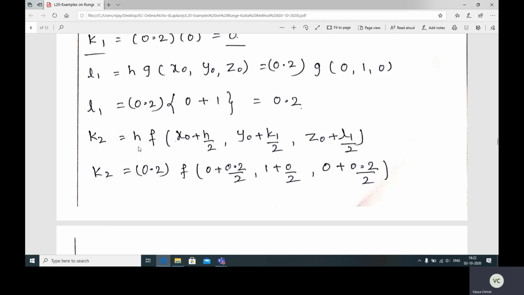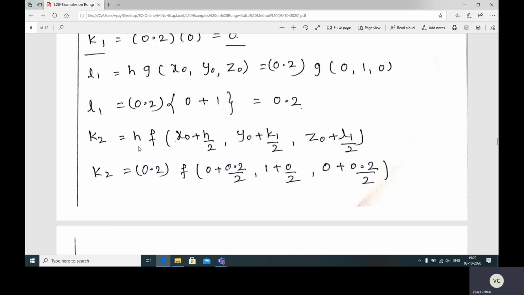Now calculate K2. K2 is equal to h into f of x0 plus h by 2, y0 plus k1 by 2, z0 plus L1 by 2. So h is 0.2, x0 is 0, y0 is 1, K1 is 0, z0 is 0, L1 is 0.2.